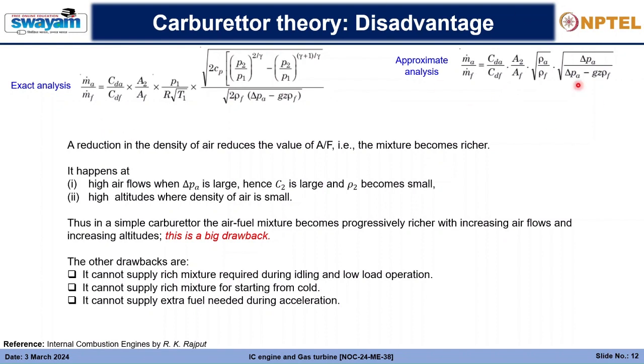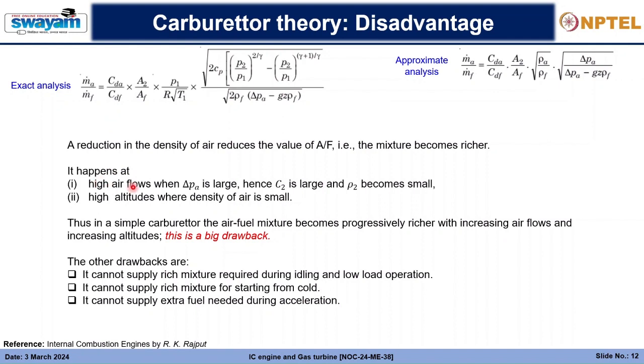So eventually the carburetor has to adapt for this, if we have a system operating at a higher flow. So where does it happen? We will see that now.